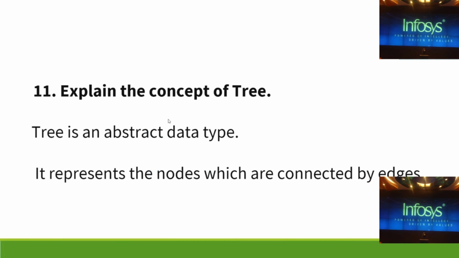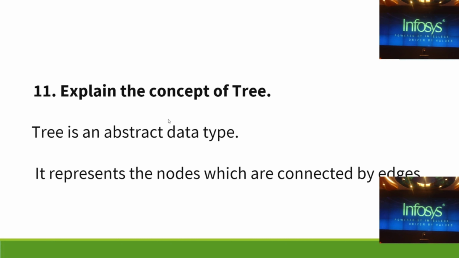So the 11th question: explain the concept of a tree. So what is a tree? You can see a tree is an abstract data type. The types of trees include binary tree and others, and there are nodes also. In-order, pre-order, post-order, these types of concepts also come under this topic. It represents nodes which are connected by edges.